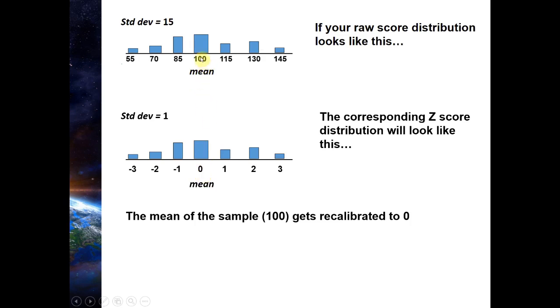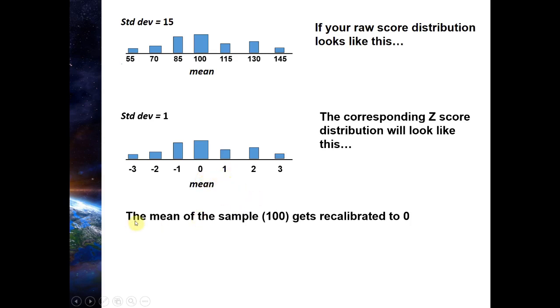So if this mean up here was 162, then that 162 becomes 0. If this was -16, so not an IQ, but -16, the -16 becomes 0 down here. That is true 100% of the time. Pinky promise.